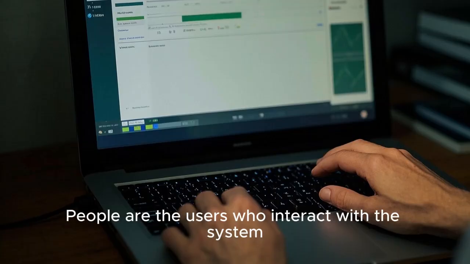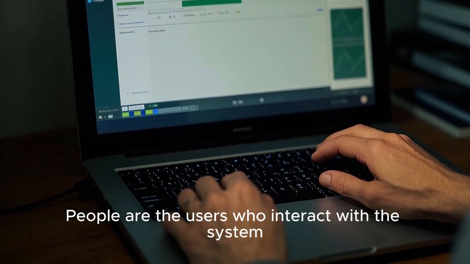1. People are the users who interact with the system.